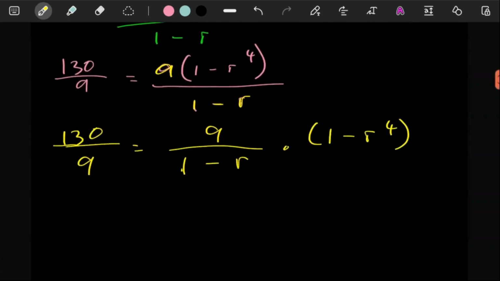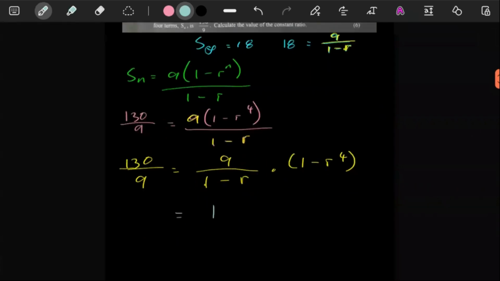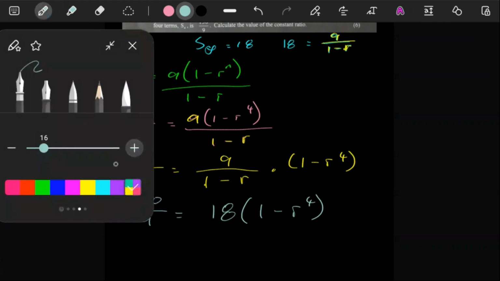The big idea is that where you see this whole a over 1 minus r, you can actually replace it with 18. So here you can put 18 multiplied by 1 minus r to the power 4 equals 130 over 9.